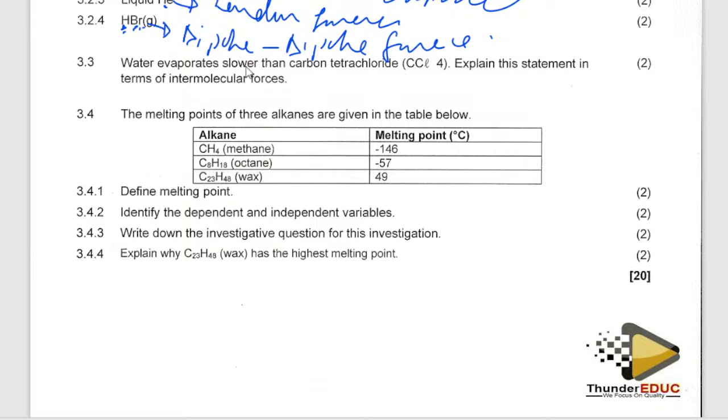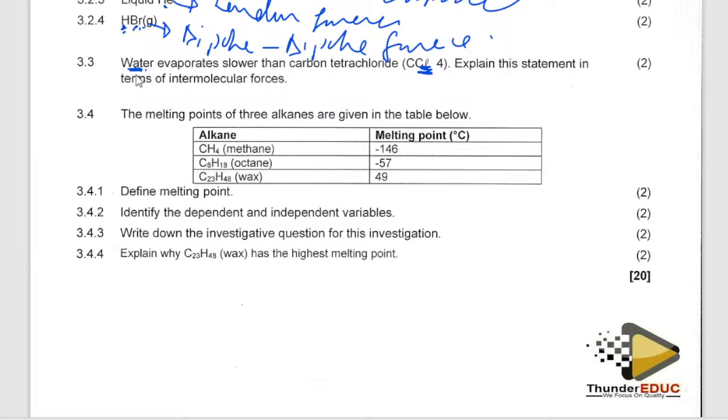They're saying that water evaporates more slowly than carbon tetrachloride, or tetrachloromethane. Explain this statement. We saw that carbon tetrachloride is non-polar, while water is polar, so water forms hydrogen bonds.